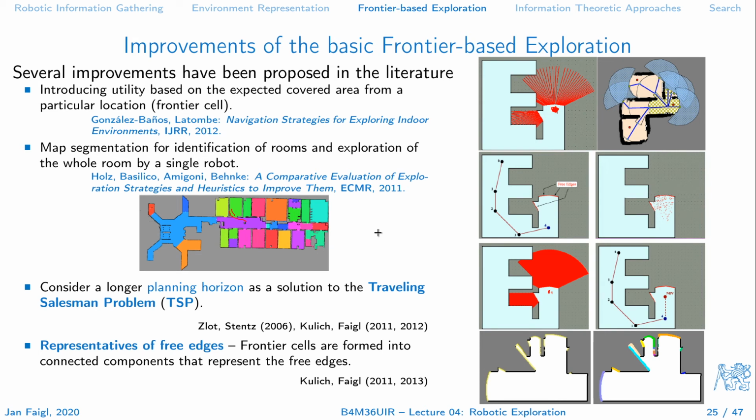In addition, we don't need to consider each particular frontier cell as a single possible location, but we can consider these free edges like this. So we can identify these single connected components, and then we can determine a representative of these free edges.